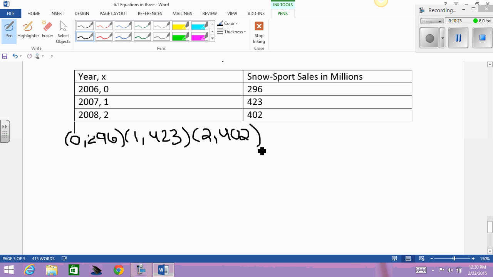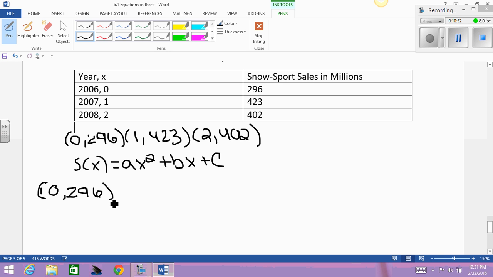Since I want it to be quadratic, we know our general formula for a quadratic is ax squared plus bx plus c. S of x, again, being the snow sports sales in terms of time. So we can find the values of a, b, and c by doing a little bit of work. We can come up with some equations. Since I have the point 0, 296, I know that S of x is 296, that's your y, and x is going to be 0.